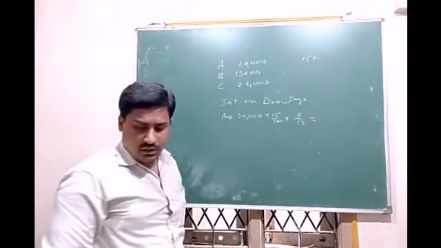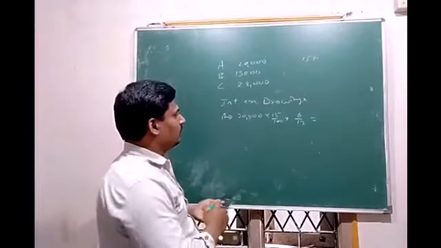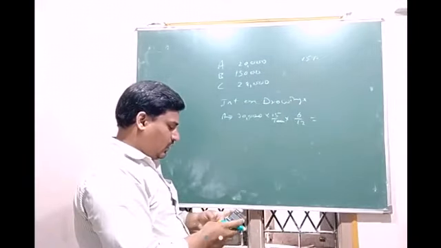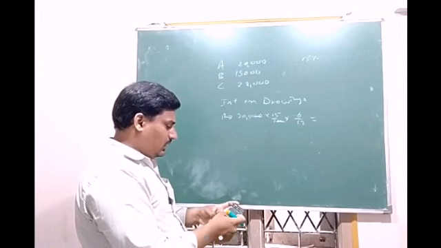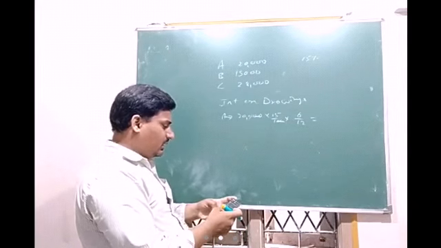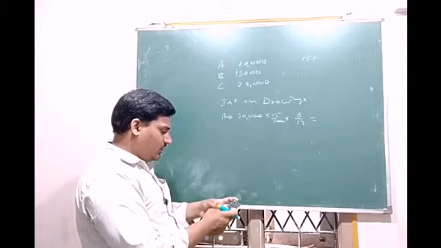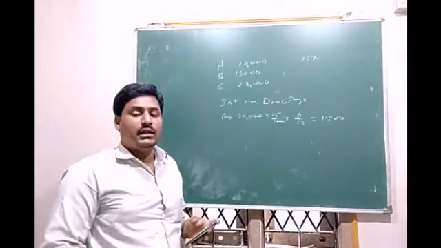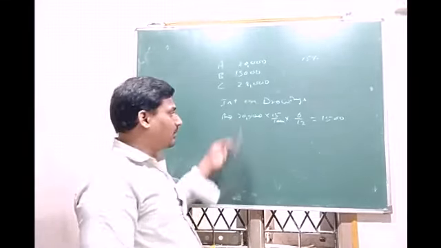So 20,000 amount he has withdrawn into 15% into 6 divided by 12. So 1,500 is the interest on drawings of partner A.